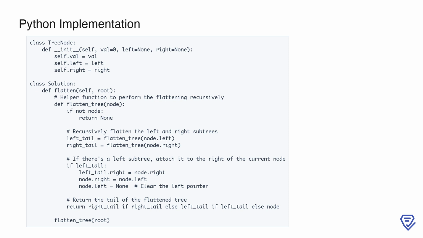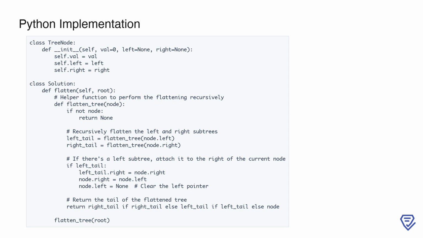The function first recursively flattens the left and right subtrees by calling flatten_tree on node.left and node.right. These calls ensure that the left and right subtrees are processed before the current node. If the current node has a non-empty left subtree, the function attaches the flattened left subtree to the right side of the current node.